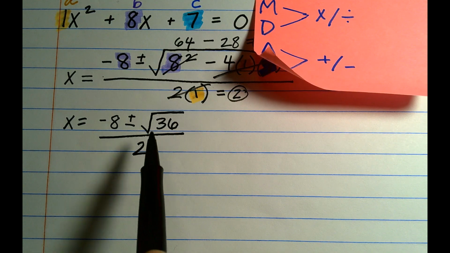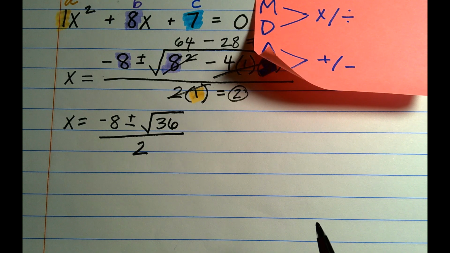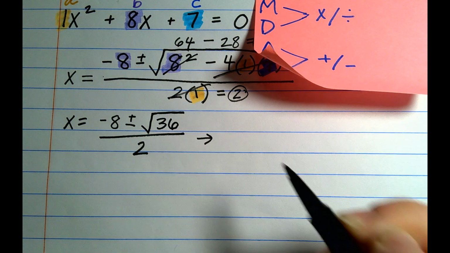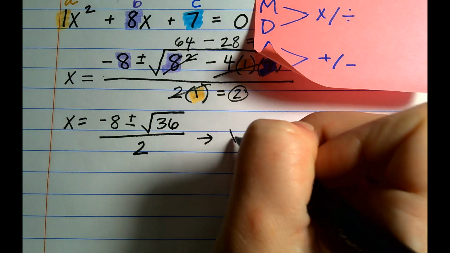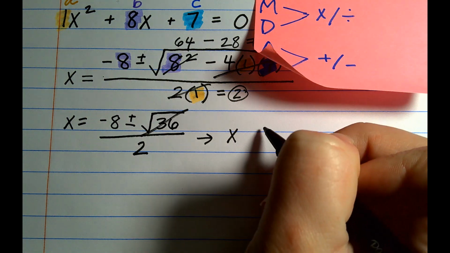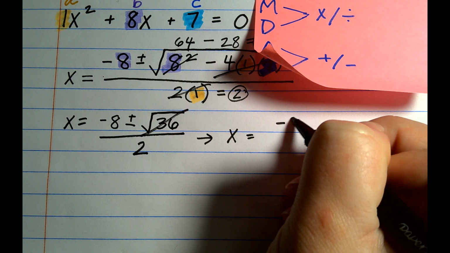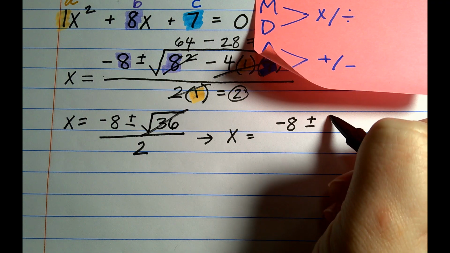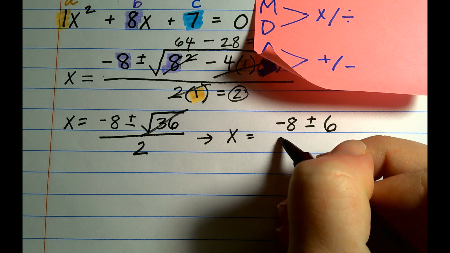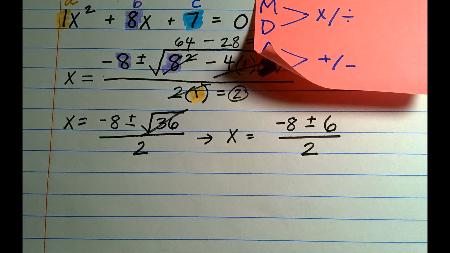Can we do the square root of 36? Yeah, what is the square root of 36? 6. So let's rewrite it as -8 plus or minus 6, no square root left, over 2.